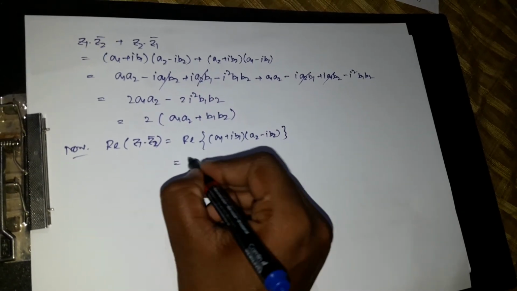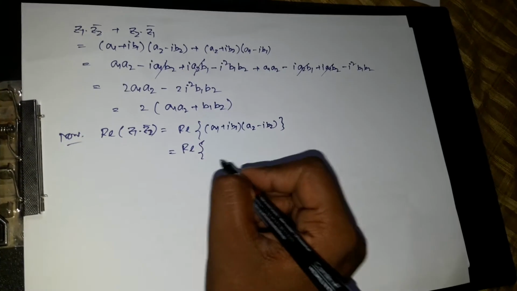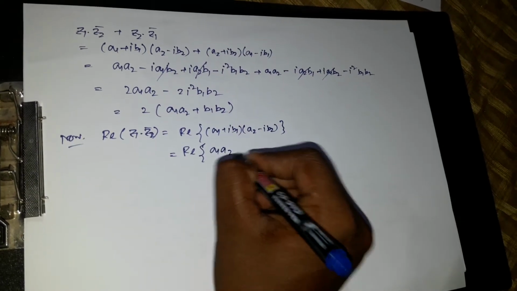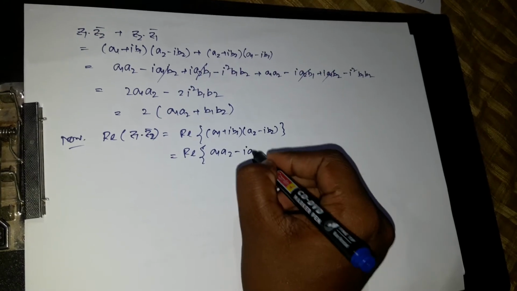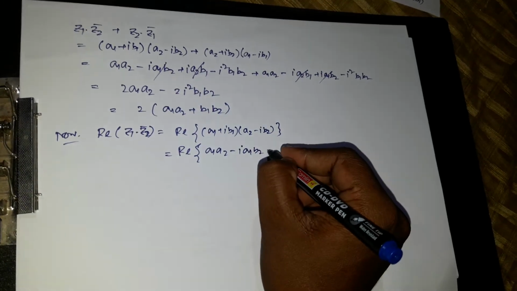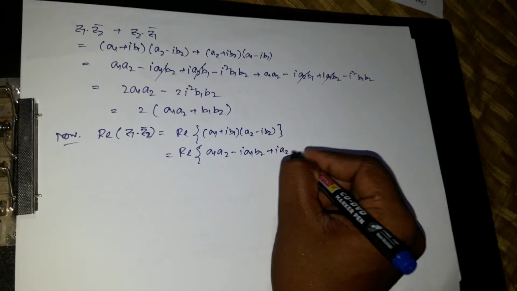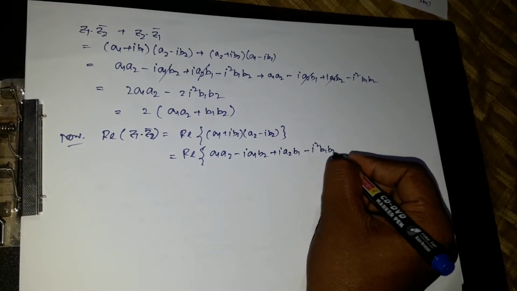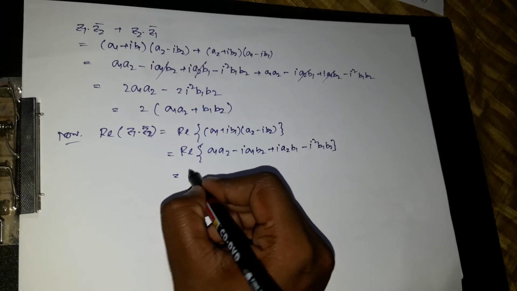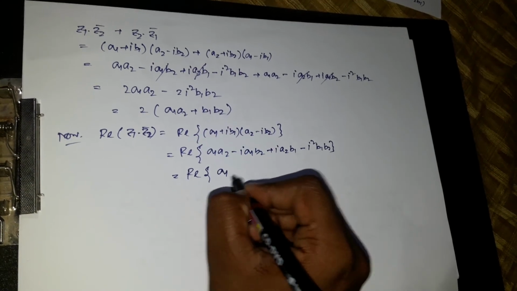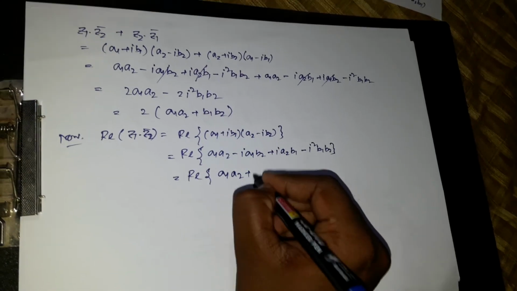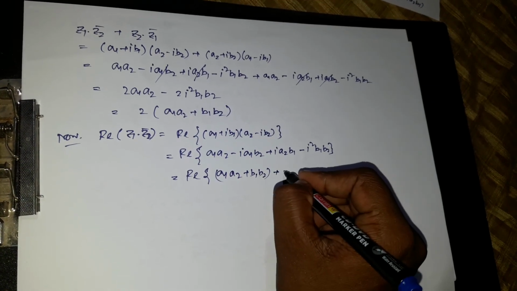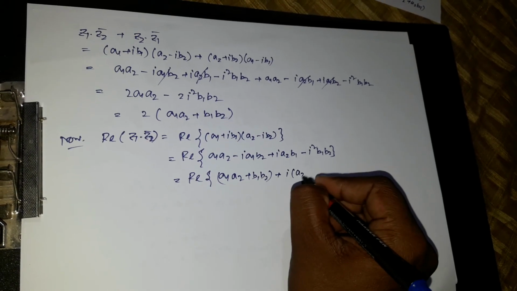Okay. a1 a2 minus i a1 b2 plus i a2 b1 minus i square b1 b2, so a1 a2 plus b1 b2, and a2 b1.